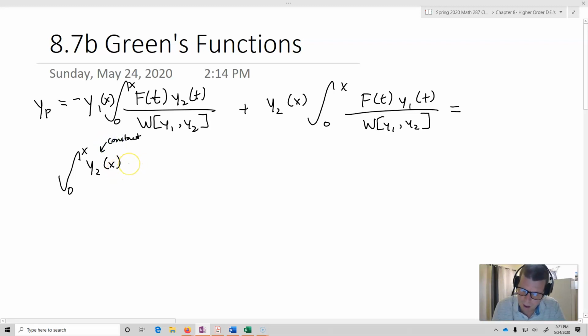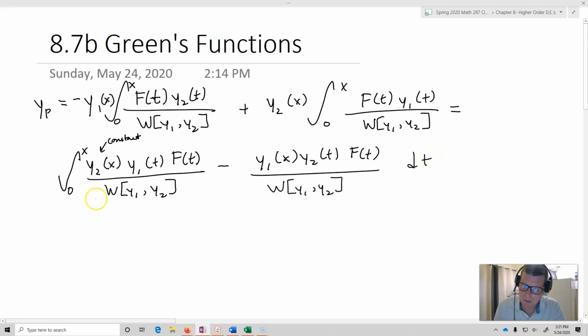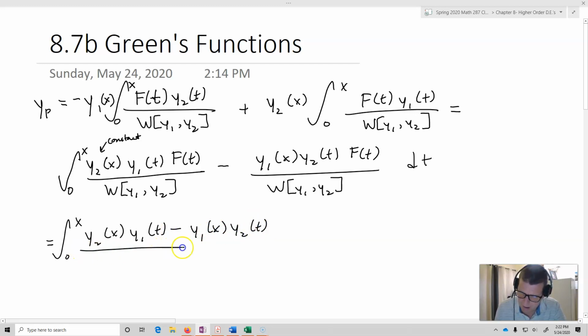y2 of x, and then this will be y1 of t, f of t, over the Wronskian of y1, y2, minus, and this will be y1 of x, again same deal, times y2 of t, f of t, all over the Wronskian of y1, y2, all dt. Now I'm going to combine some like terms, and so this is going to end up giving me the integral from 0 to x of y2 of x, y1 of t, minus y1 of x, y2 of t, divided by the Wronskian of y1, y2.